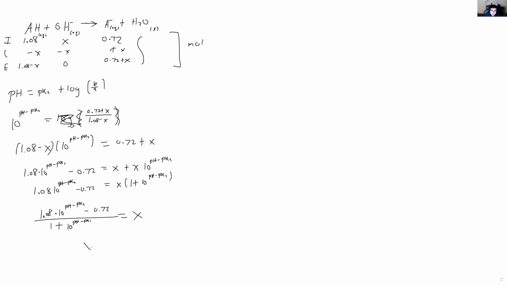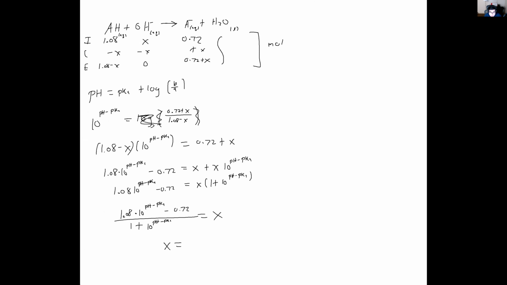And so we get x, which is the moles of NaOH. I'm just going to plug in my calculator. So the pH, what is it? 7.4. So we have 1.08 times 10 to the 7.4 minus the pKa. So it's negative log of, let's see, we should be working with Ka2.